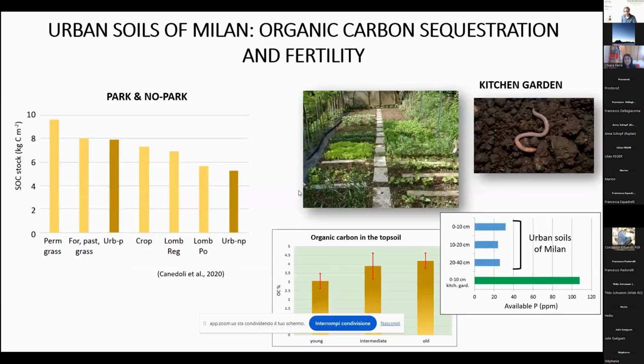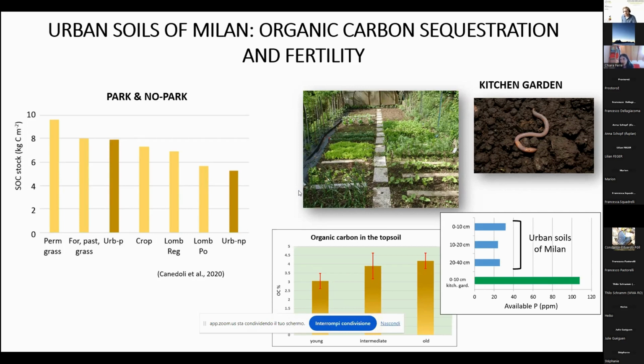But urban soil also has unexpected properties. Here I'm showing you the results of a study in Milan, in which we found that soil of urban parks stores high organic carbon content, a content comparable to grassland or to cropland of the surrounding area.